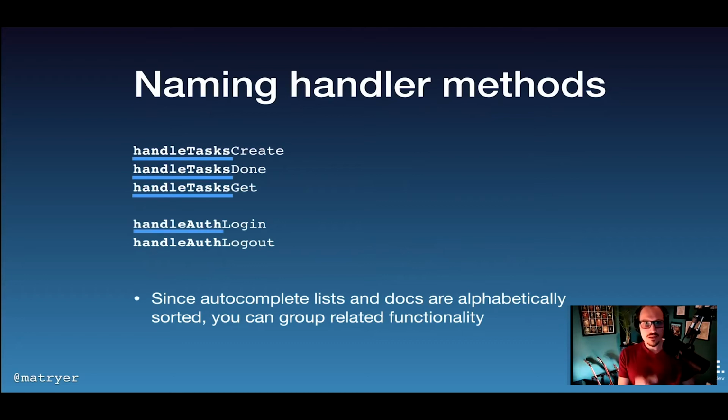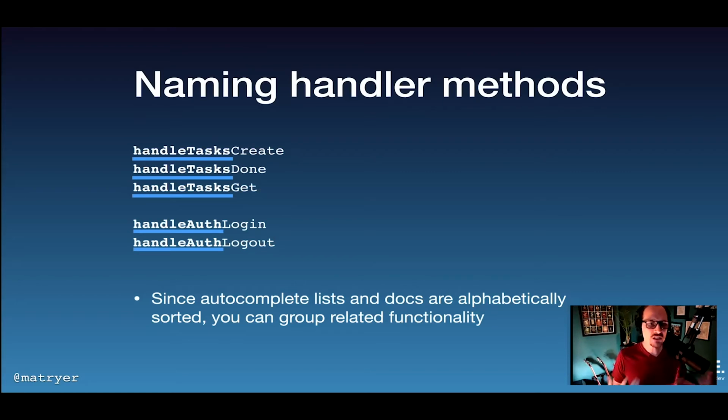I name these handler methods like this, with a slightly unnatural way of describing them, but you get the benefit, of course, once they're sorted alphabetically. They group up naturally, which is quite nice. So handle tasks create, handle tasks done.